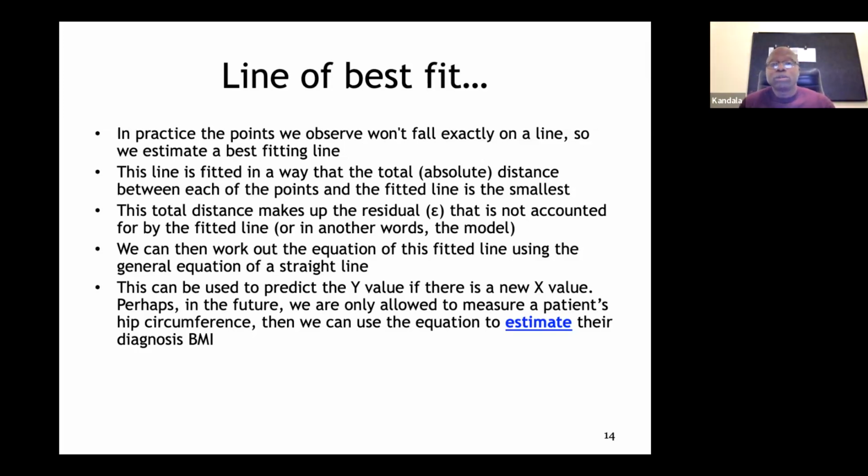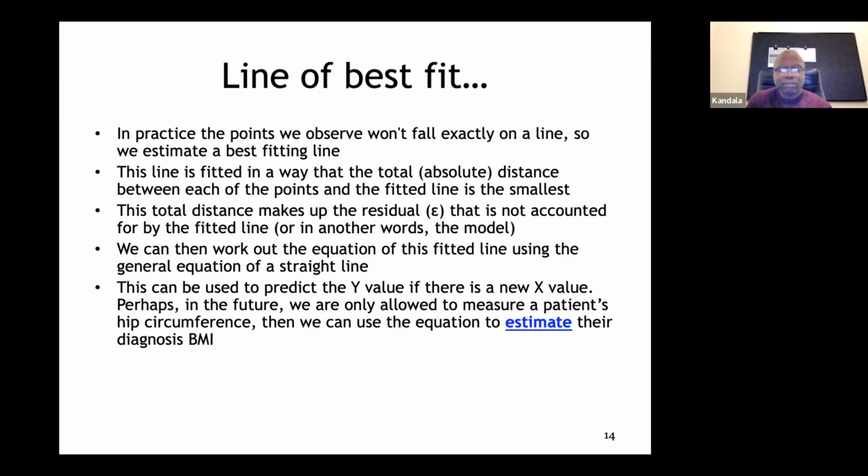Next year, you may not be in a position, because of the money, to measure government health spending and unemployment at the same time, but you will be able to simply measure unemployment. So you can use the model that you fitted last year to predict the government health spending.